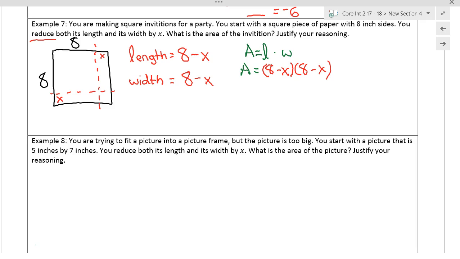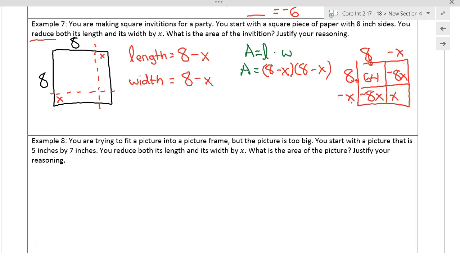For this one, let's do our box method. 8 minus x, 8 minus x. 8 times 8 is 64. 8 times negative x is negative 8x. 8 times negative x is negative 8x. Negative x times negative x: a negative times a negative is positive, and x times x is x squared. So positive x squared.